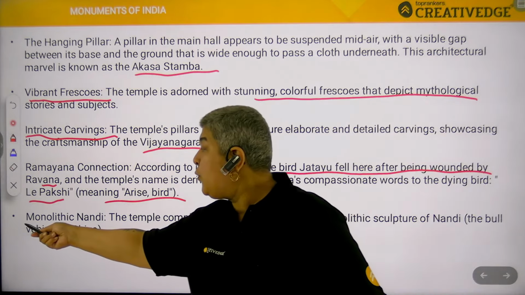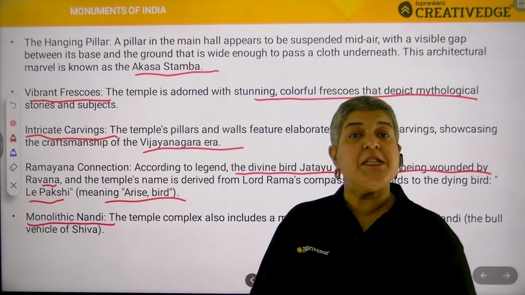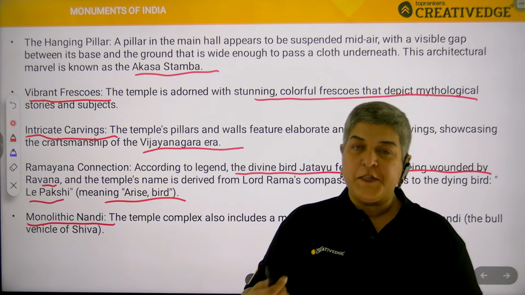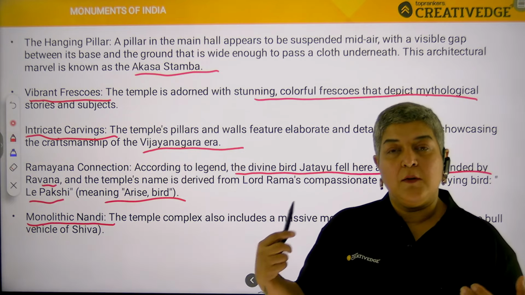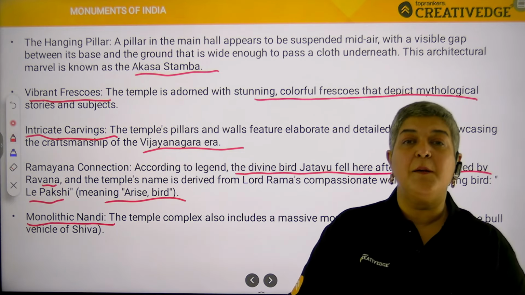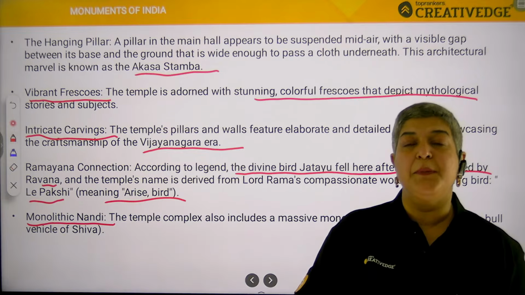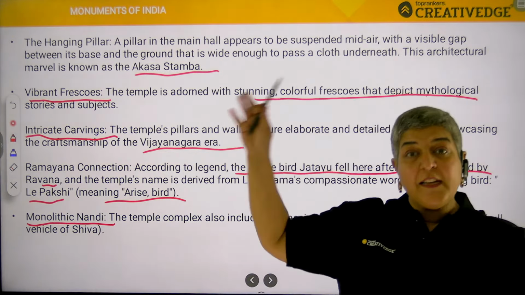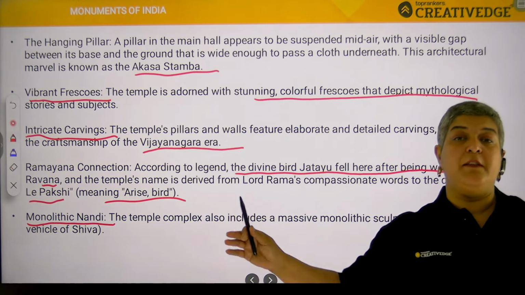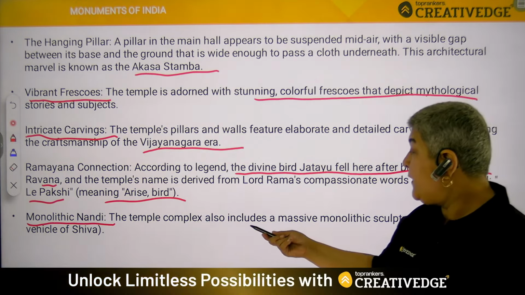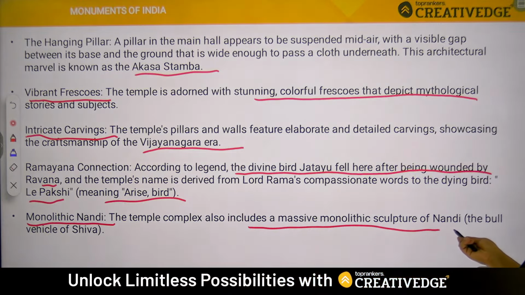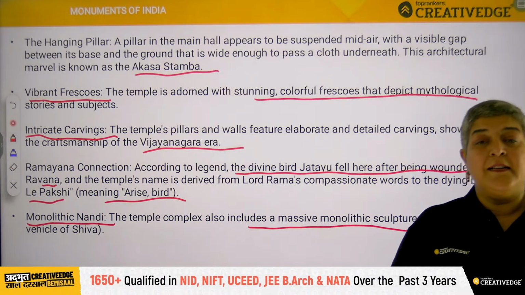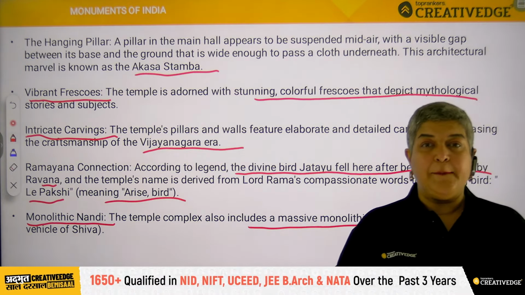The monolithic Nandi, the ride of Shivji himself, which you find present outside the temple, is carved from one rock. It is a very large monument of Nandi that you can see. It includes a massive monolithic sculpture of Nandi. And yes, that is also present at the Lipakshi temple.